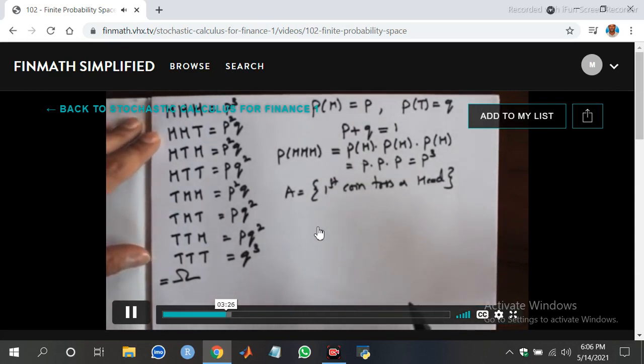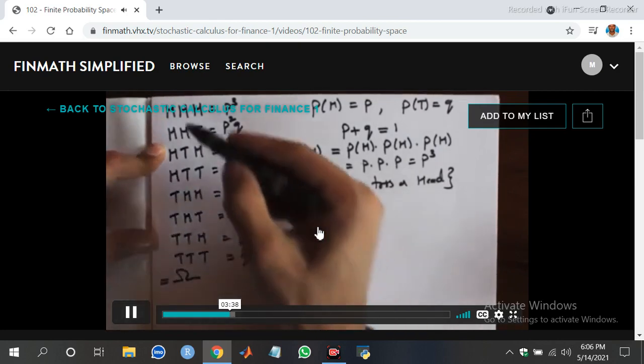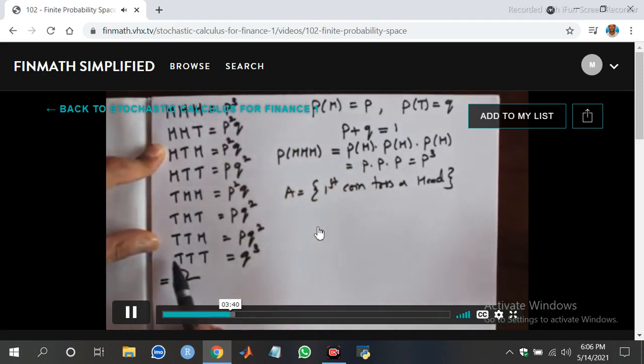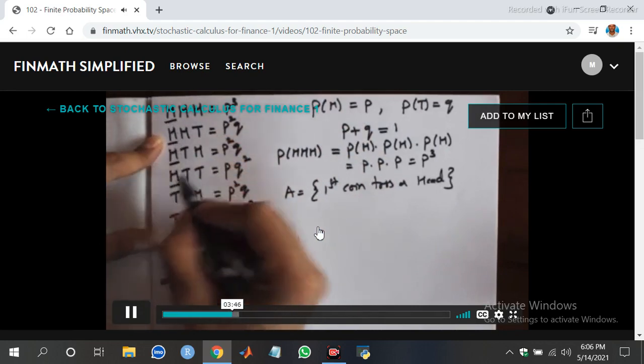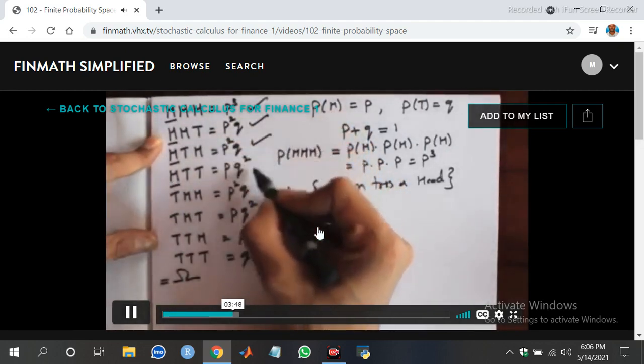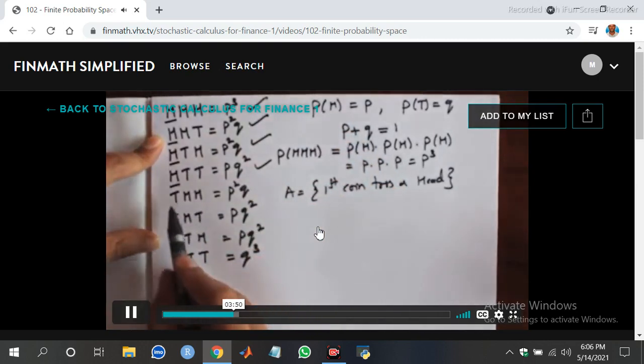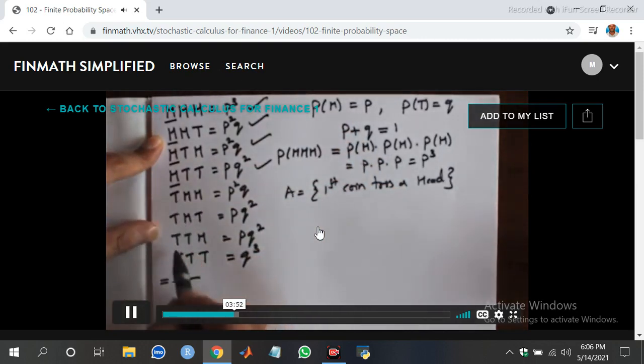If we look at our sample space, let's figure out which outcomes result in a head on the first coin toss. We see 8 outcomes here. This is the first coin toss, this is the second one, this is the third one. As we can see, we get a head in these 4 outcomes only, whereas the other 4 outcomes would give us a tail on the first coin toss.